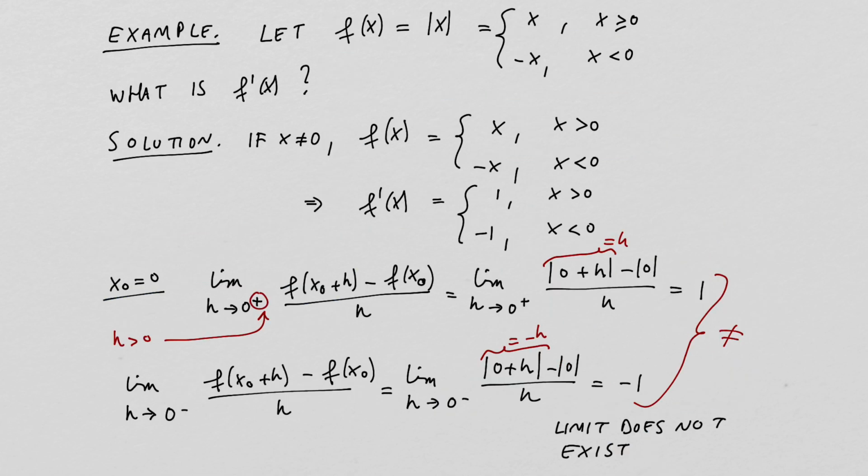We know that if we have some function which has a sharp corner, then the derivative will not exist in that point. For example, if we take the function absolute value of x, it will have a sharp corner in the origin.